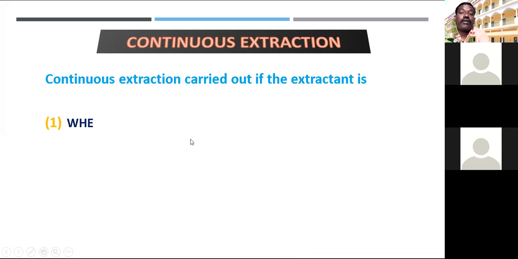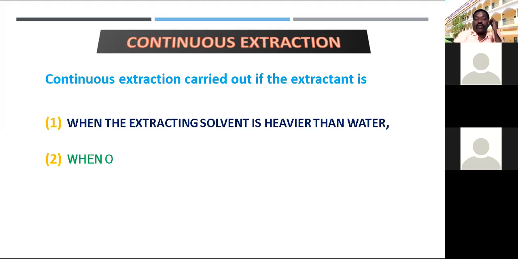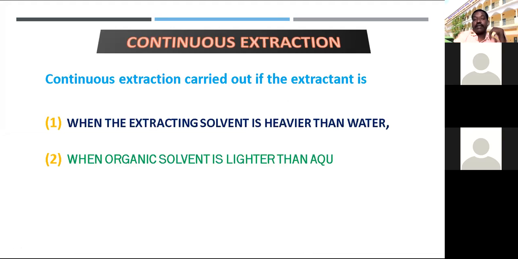The next method is the continuous solvent extraction method. This method has two types: when the extraction solvent is heavier than the water, and the second one, when the organic solvent is lighter than the aqueous layer.